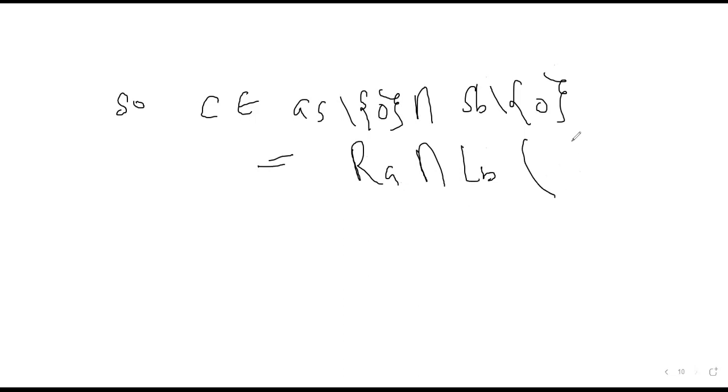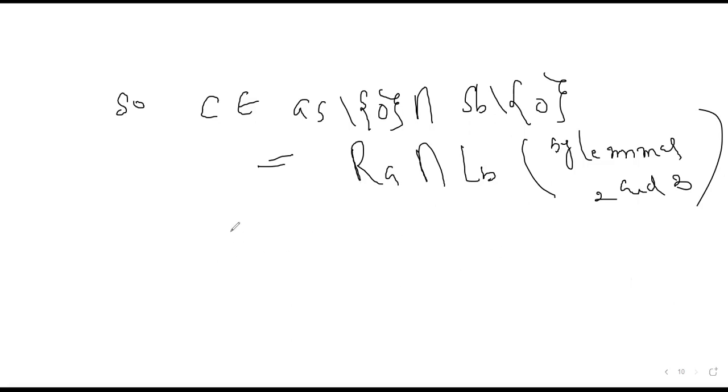Okay, by lemmas 2 and 3, so this means what? C belongs to RA intersection LB.